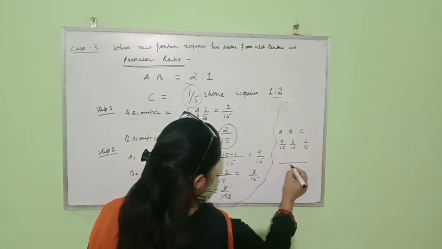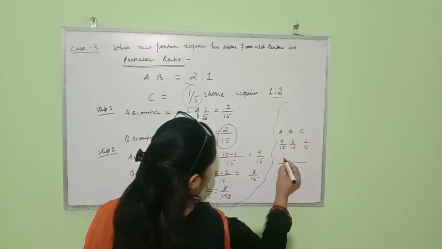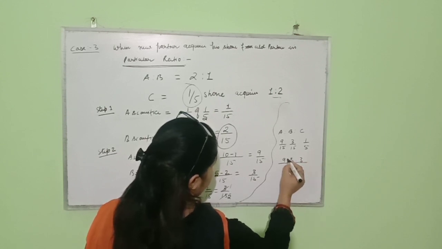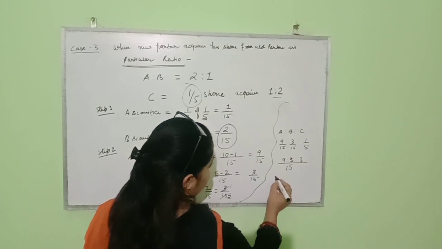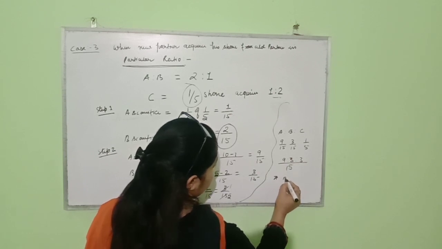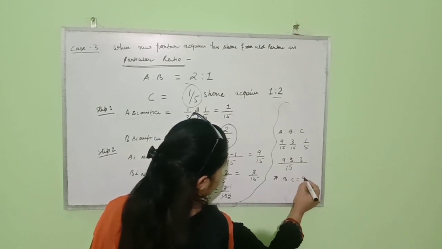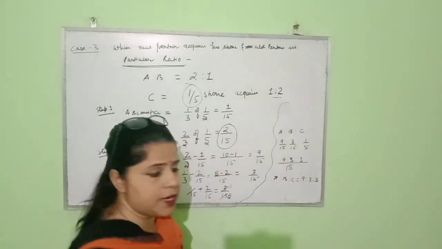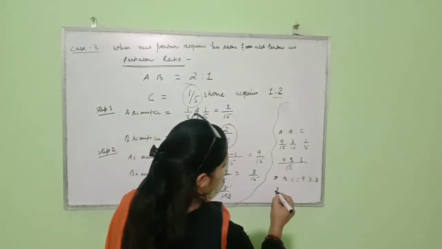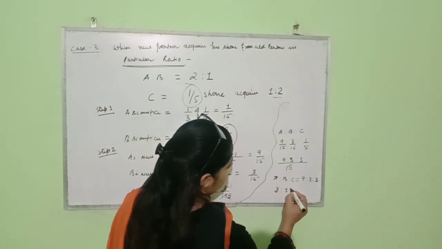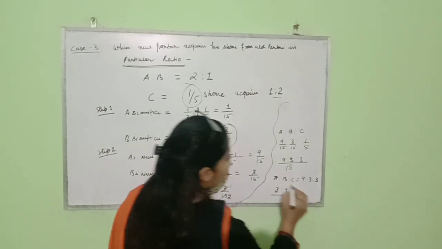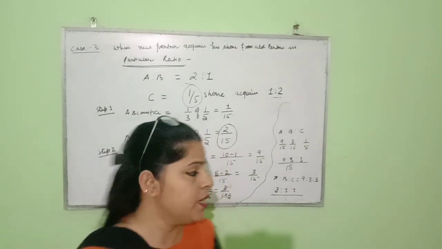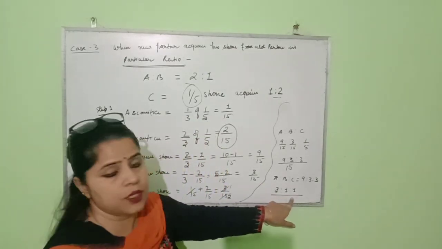The LCM is 15, so 9 is to 3 and 5 becomes 3. So the ratio between A, B and C is 9 is to 3 is to 3. We can shorten this further, so it becomes 3 is to 1 is to 1. So the new profit sharing ratio between A, B and C equals 3 is to 1 is to 1.